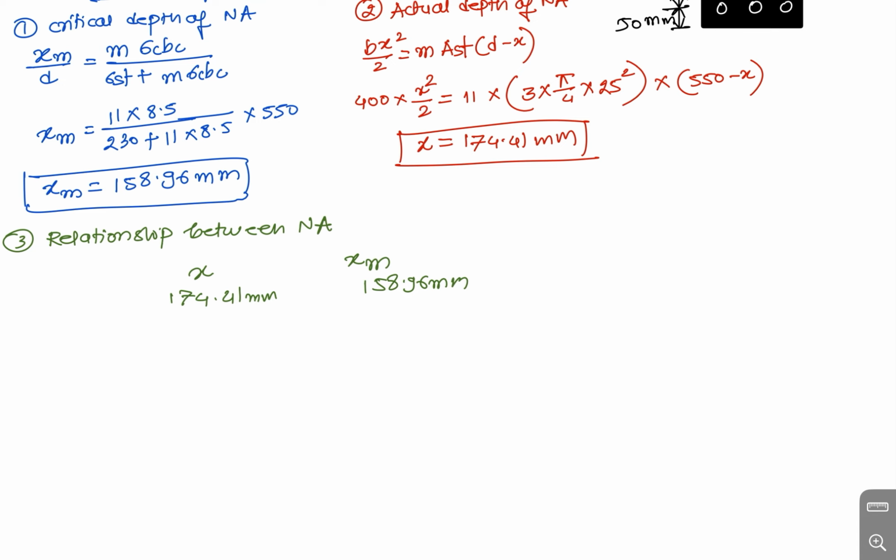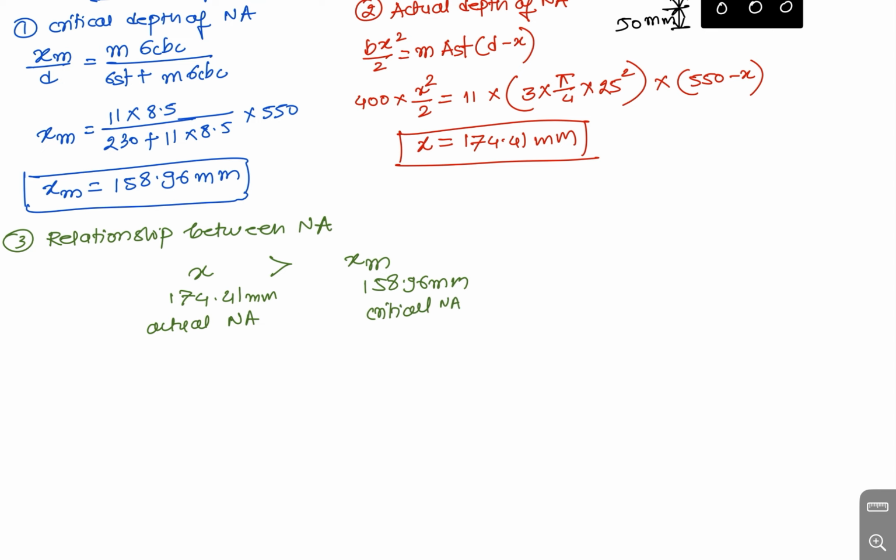So this is the actual neutral axis, and the actual neutral axis is more than the critical neutral axis.